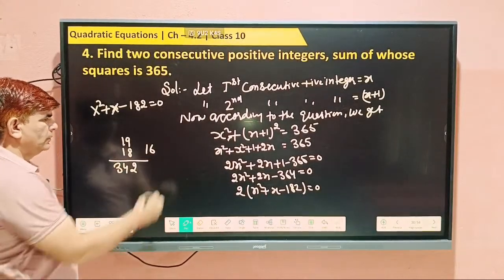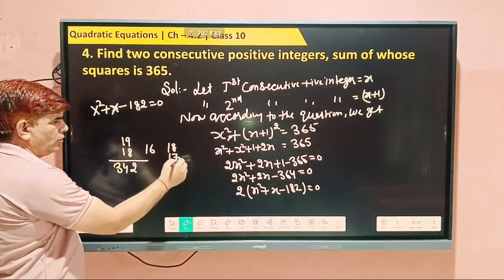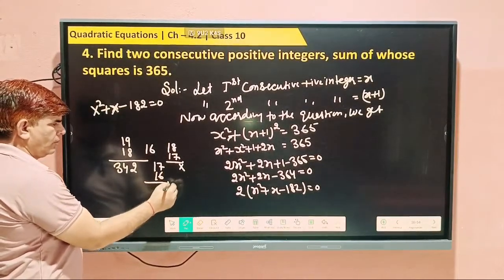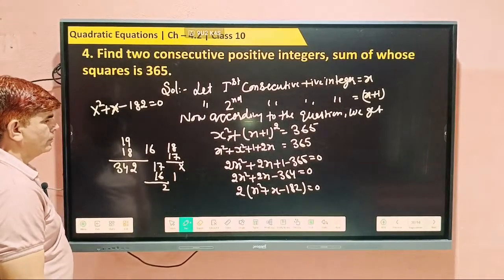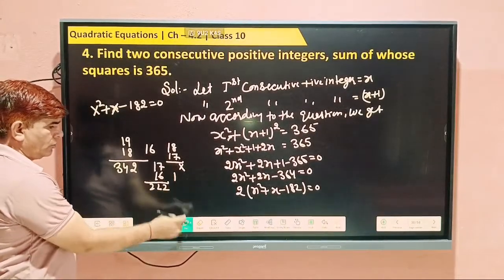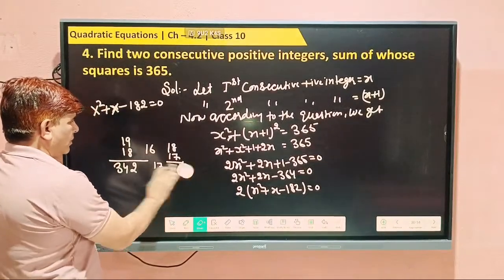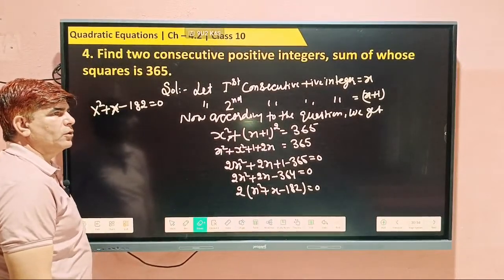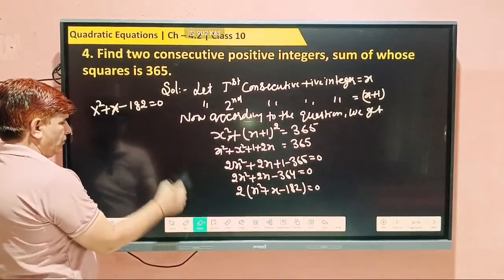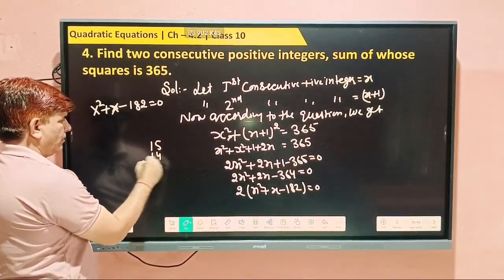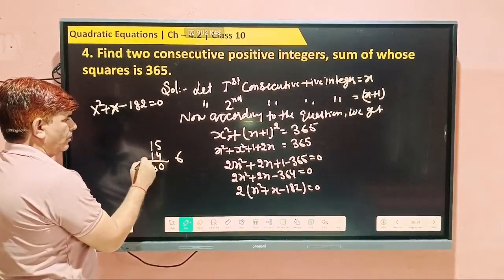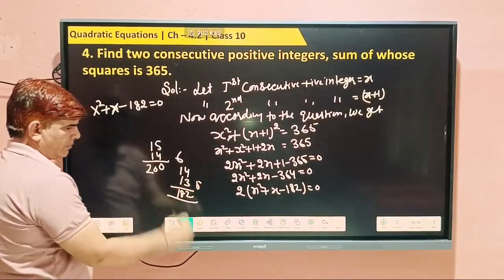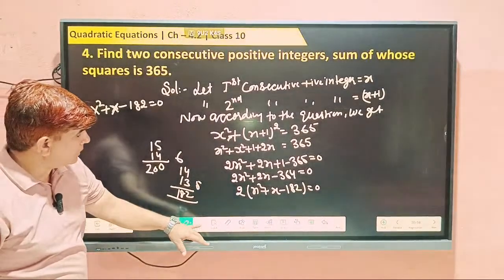More than it. 18, 17, not possible. 16. 17, 16. How much more than it? So this is also not possible. So what's coming? 16, 15, not possible. 15, 14. 14, 13. Right. In this way you have to check.